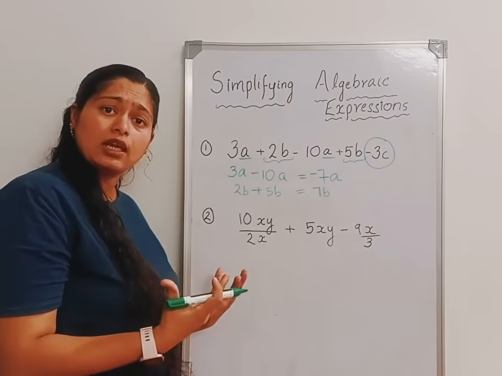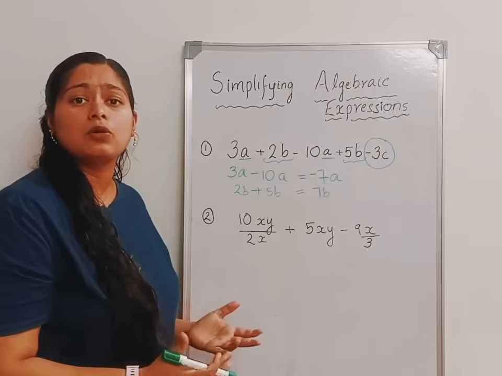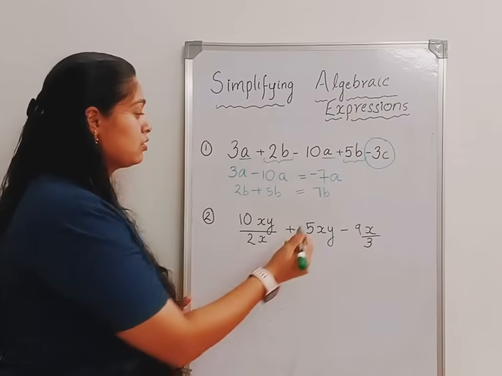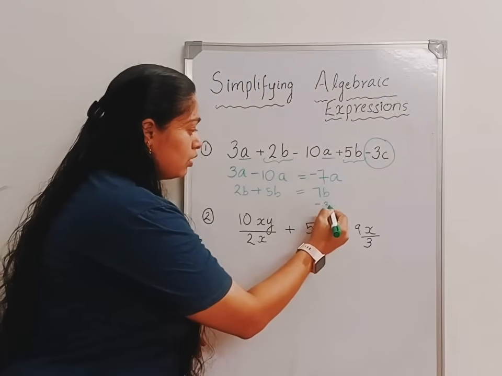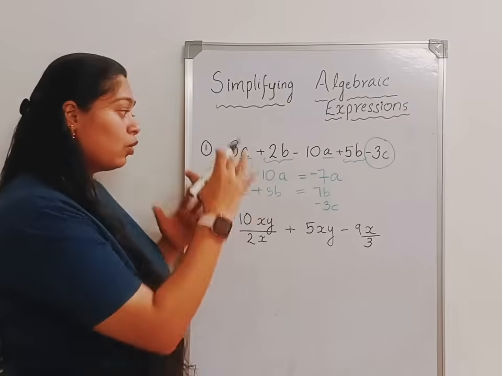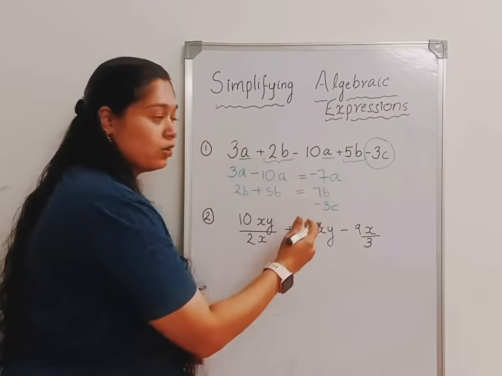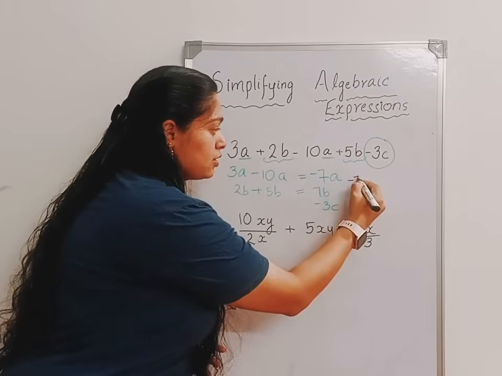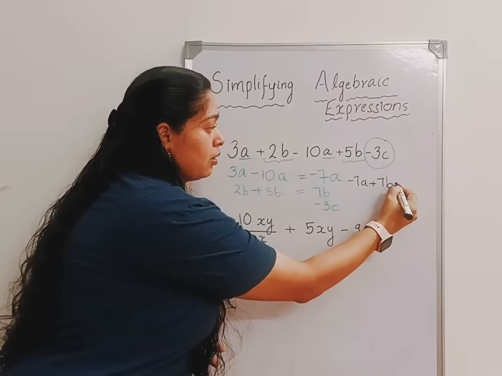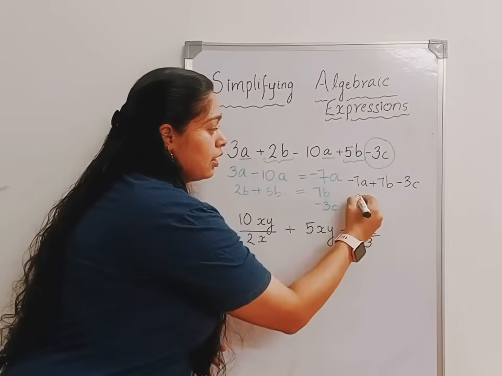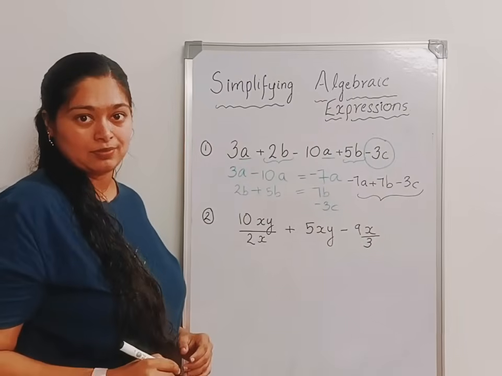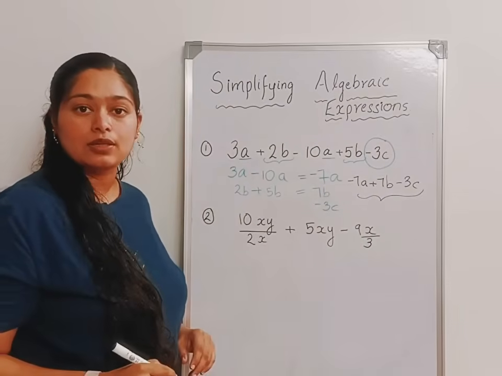If you don't see any like terms and it is just sitting there alone, let's not neglect it. Let's take it into our expression. So we are going to include minus 3c also. So the final answer will be this written altogether. So it will be negative 7a plus 7b, since it is a positive expression, minus 3c, and this is the simplified algebraic expression. I hope this example was clear.